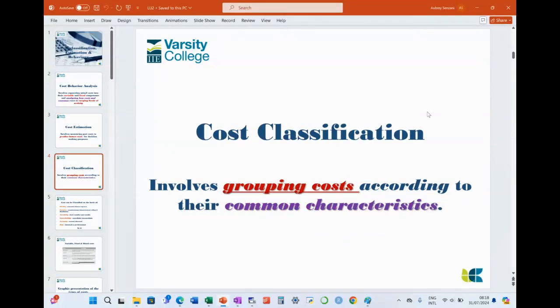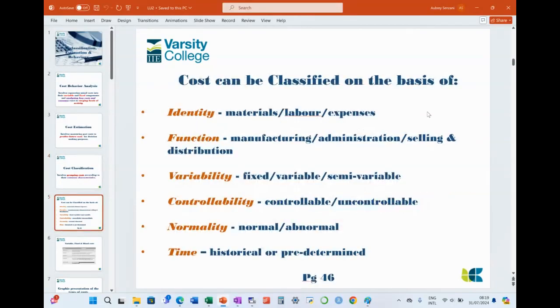All right, so here, cost estimation involves measuring past costs to predict future costs for decision-making purposes. Okay, cost classification involves grouping costs. In other words, costs that are similar, we then obviously group together to say these are fixed costs, these are variable costs, and here it says according to their common characteristics. Okay, so this isn't brand new. All right, so here identity, is it materials that we're looking at, is it labor, what are we actually discussing?